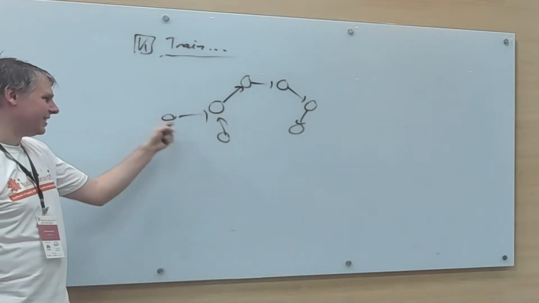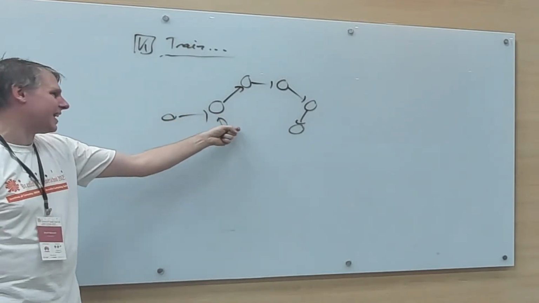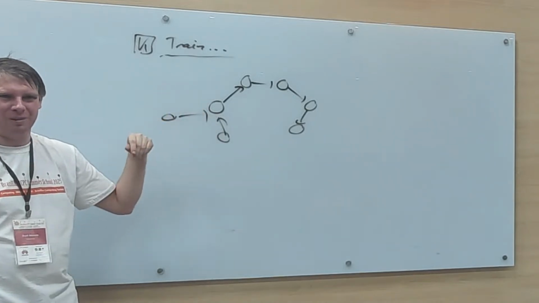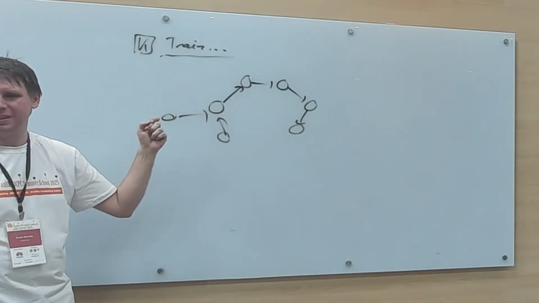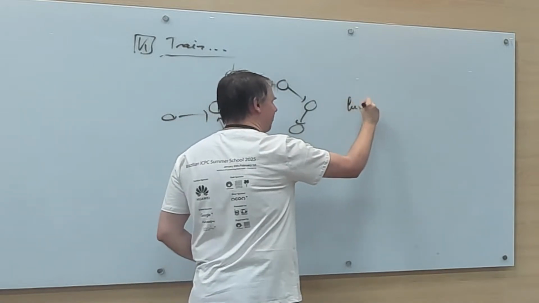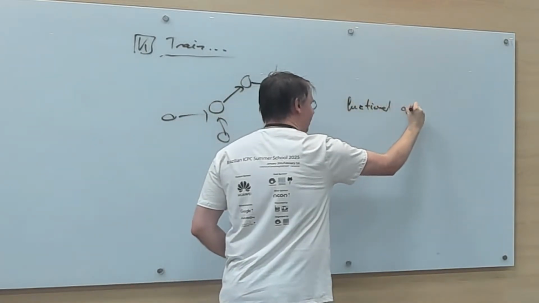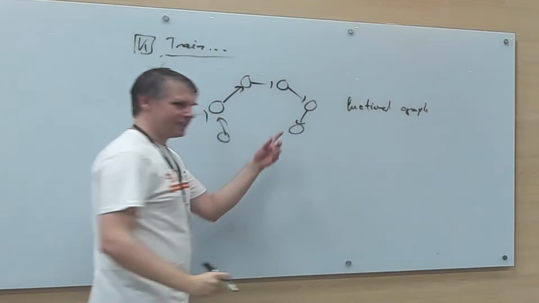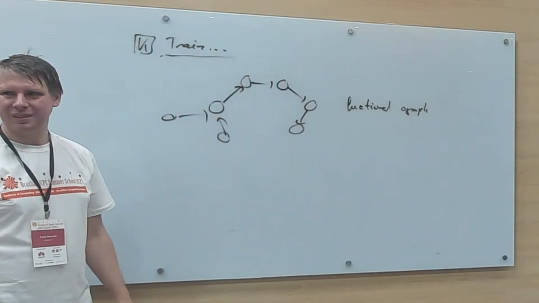It does not matter. These cities can build these two railroads, that's actually not a problem, that is allowed. So this is a functional graph, if you consider these directions.